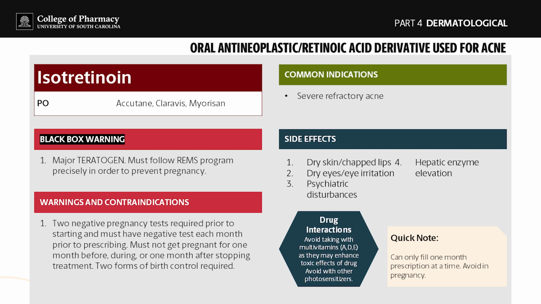We have to follow the REMS protocol to prevent pregnancy. 2 negative pregnancy tests are required prior to starting, and there must be a negative test each month prior to prescribing. Also, the patient must not get pregnant for 1 month before, during, or 1 month after stopping the treatment. 2 forms of birth control are required. This has got to be documented.